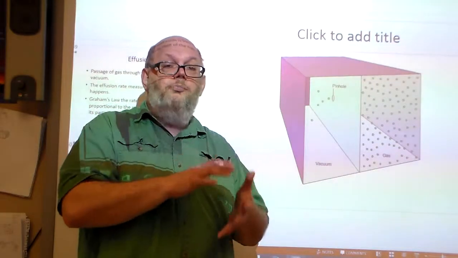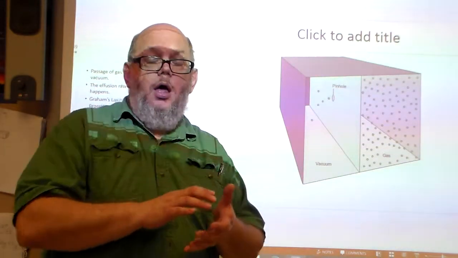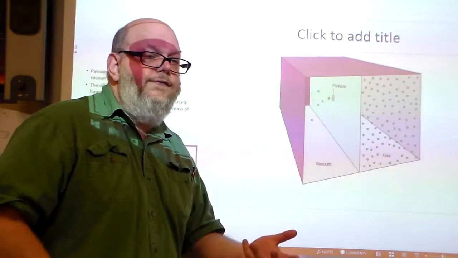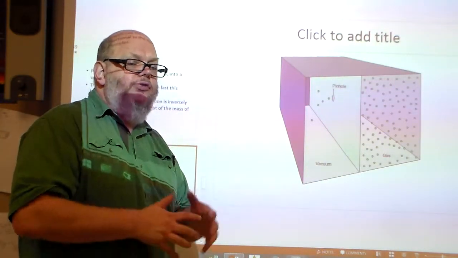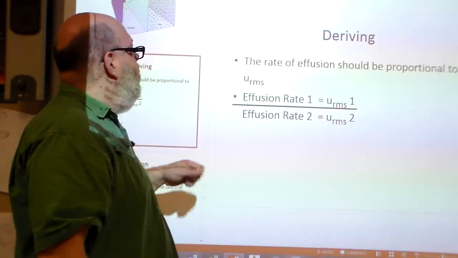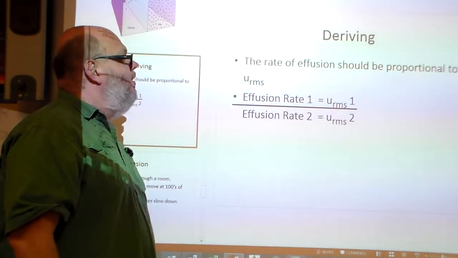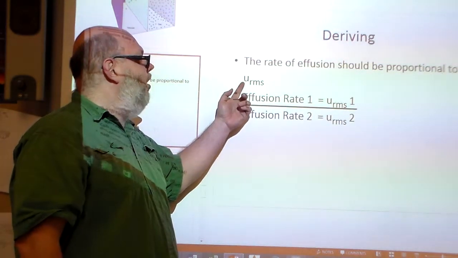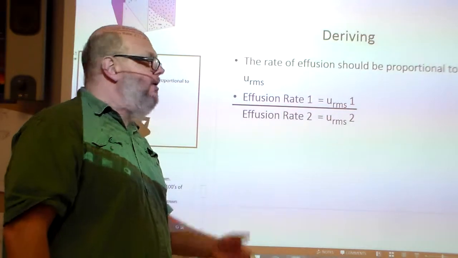Smaller particles, smaller mass, they're going to go through faster, they're going to effuse at a faster rate than those particles that are heavier and more massive. Okay? We can talk about the rate of effusion being proportional to the root mean square speed.